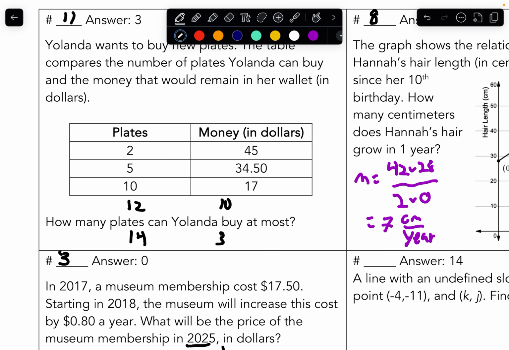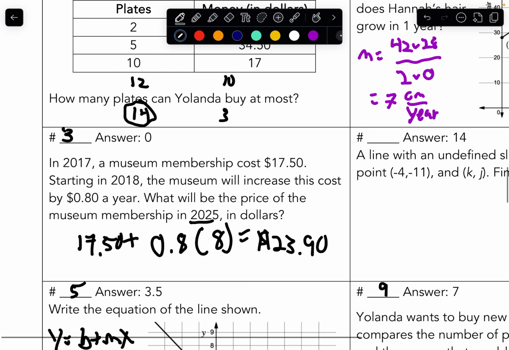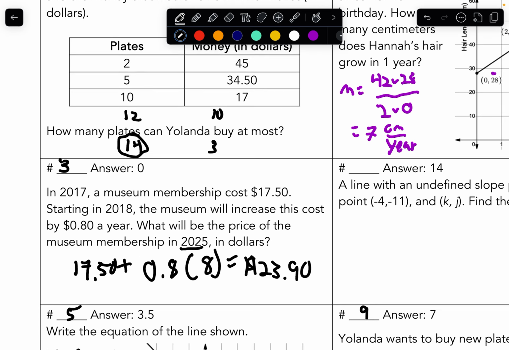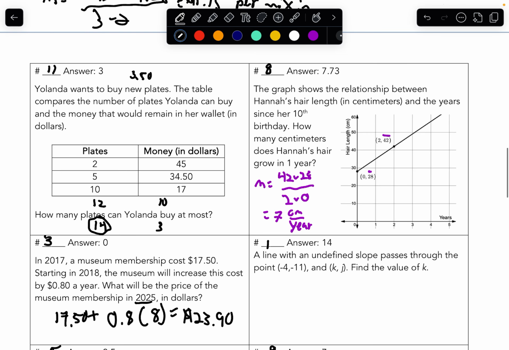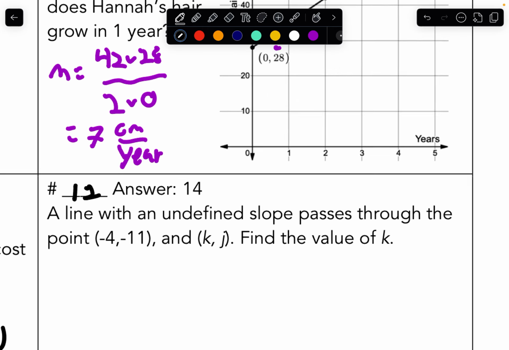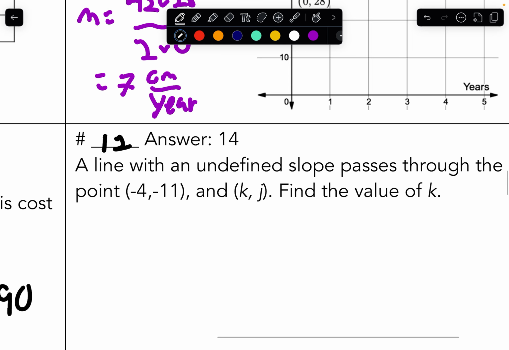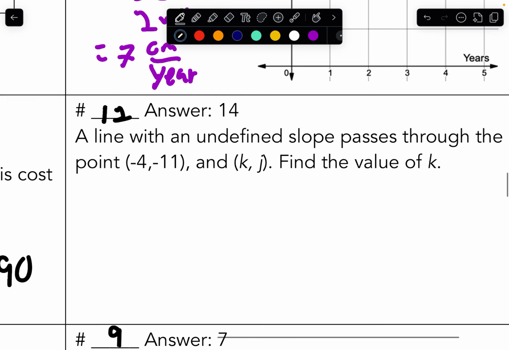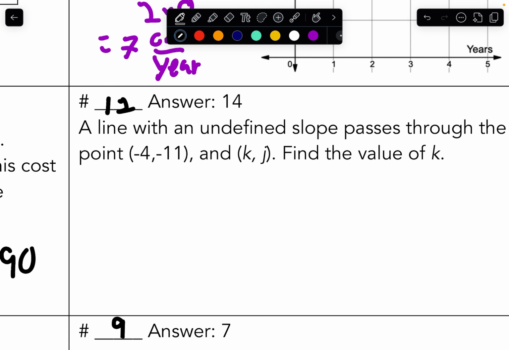We can't buy any more because each plate's $3.50 and $3 is less. So we can buy 14 plates. I just used logic to keep going with this. So we're looking for the number 14, and it's right there. And this was number 11. This would be number 12. A line with undefined slope passes through the point -4, -11, and kj.